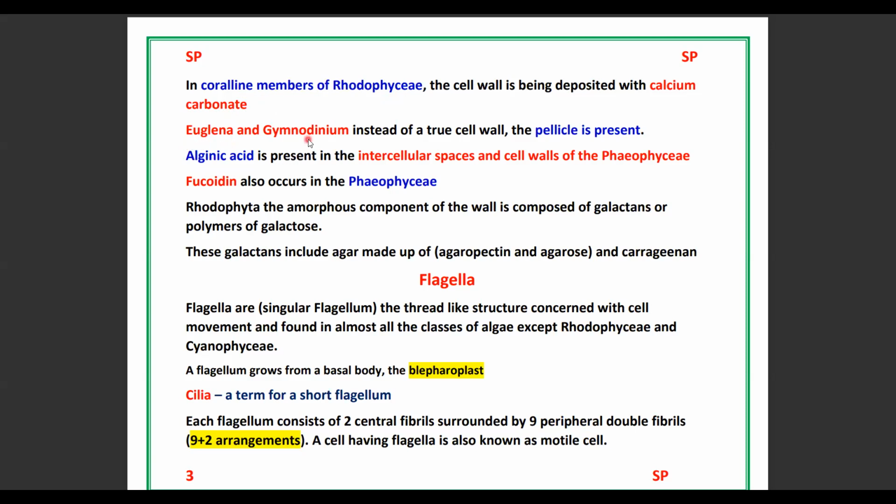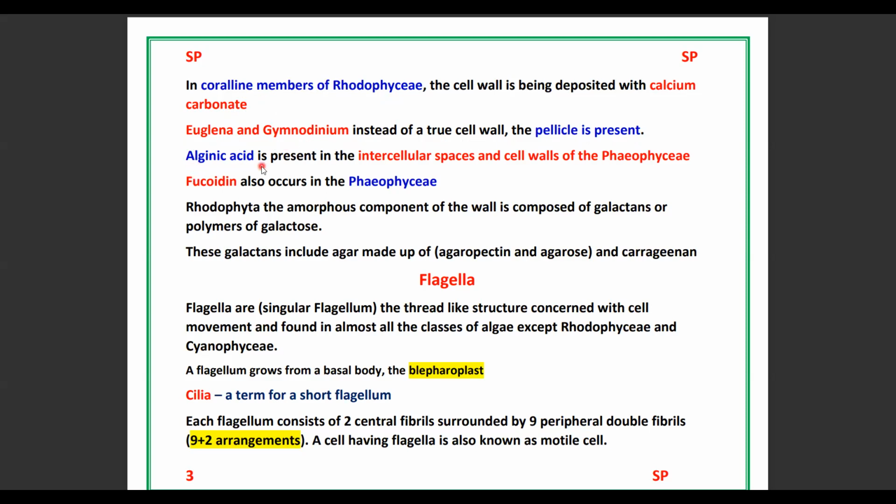And in Euglena and Gymnodinium, these two algal organisms, instead of a true cell wall, the pellicle is present. So in the true cell wall, cellulose is absent. Instead of cell wall, pellicle is present in Euglena and Gymnodinium.